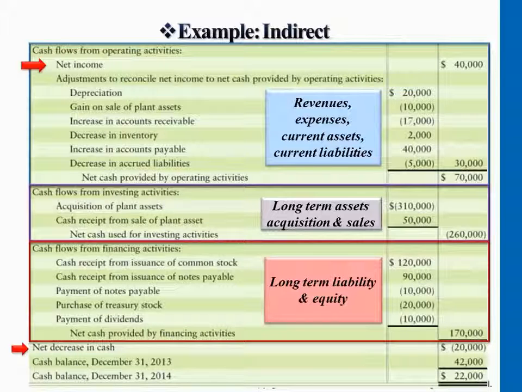If we look at the right column, the net effect for all three categories: operating activities, the subtotal there is $70,000. The middle part, investing activities, you see a bracket, $260,000. That basically means the net cash effect for anything that relates to long-term asset purchase or selling, we lost cash $260,000.